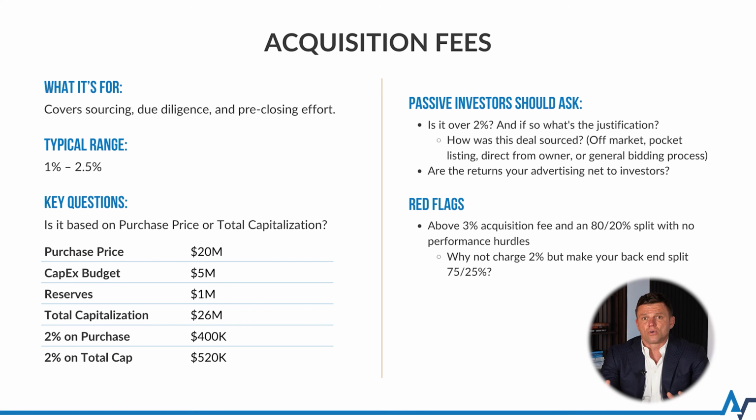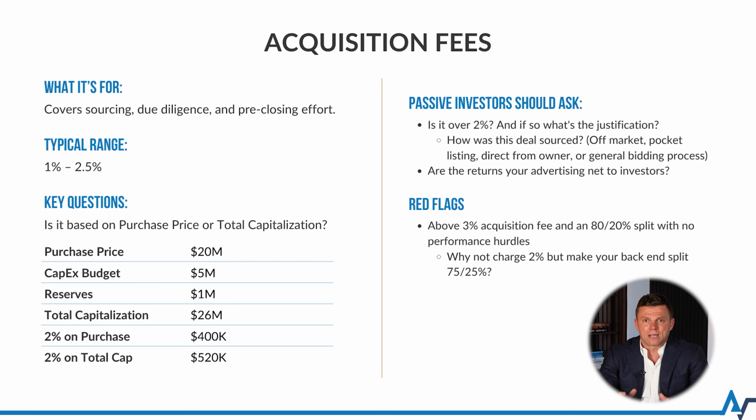You could have a deal that's, let's say, $20 million, but the total capitalization on it might be $25 million, because maybe you need to invest $5 million of CapEx into it. So knowing the difference makes a big difference, because now the fee, instead of being $200,000 at 1%, it's $250,000. And this is one of the things that I feel should be disclosed right away to investors.